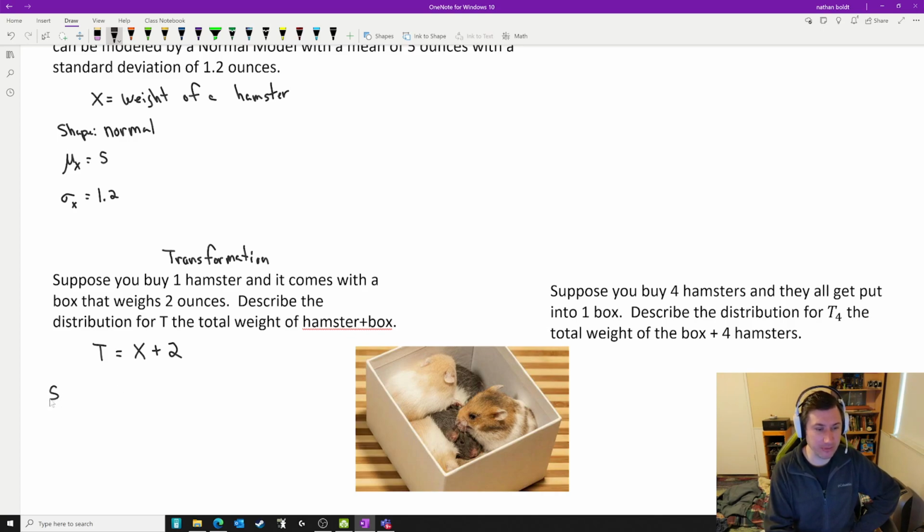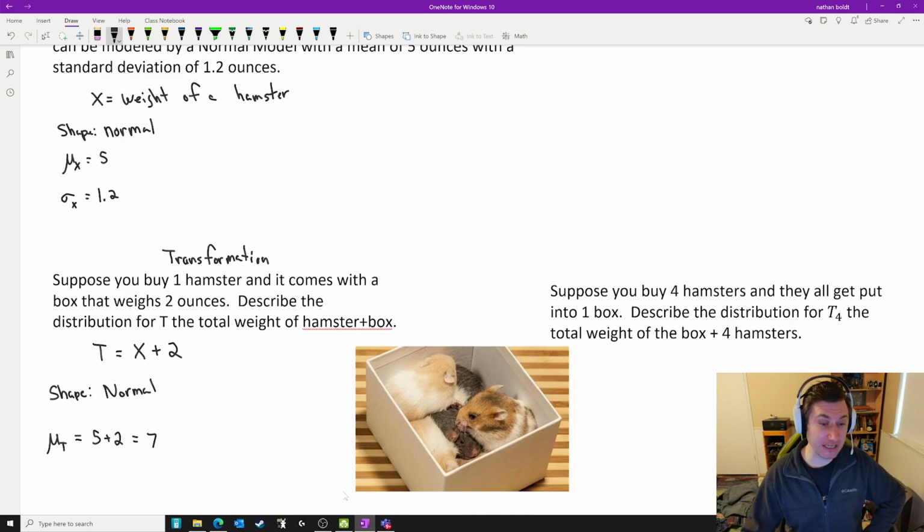Well, that doesn't change the shape, so our shape is still going to be normal. Does that change the average? Yes, it does. Our new average of this variable t is equal to 5 plus 2. The average goes up by 2, so our new average will be 7 ounces.